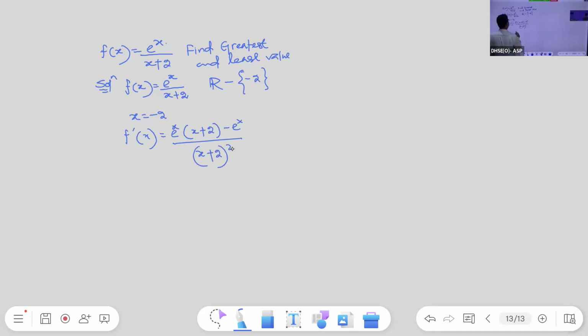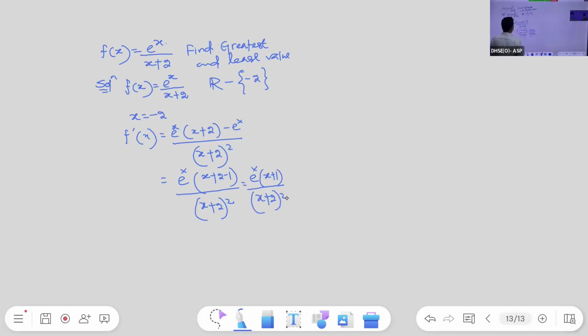If you take e power x common, e power x into (x plus 2 minus 1) upon (x plus 2) whole square, this is equal to e power x into (x plus 1) upon (x plus 2) whole square.